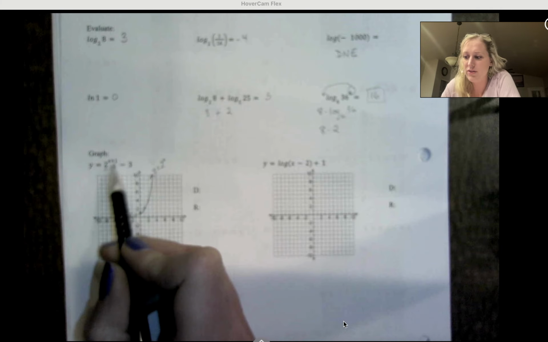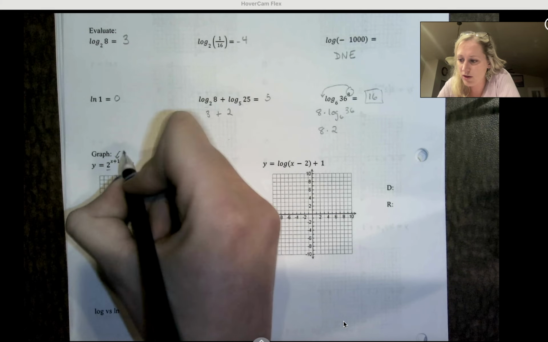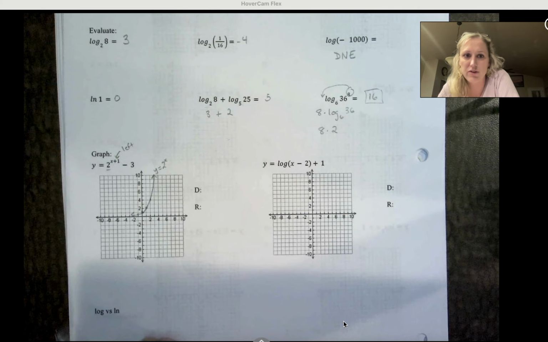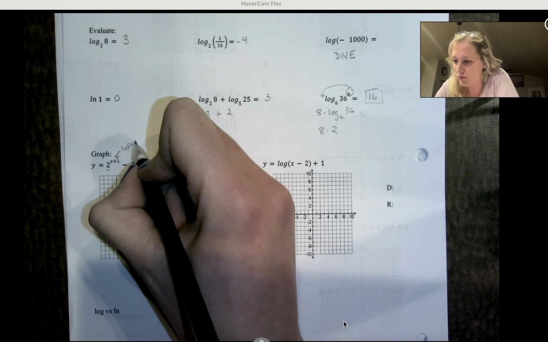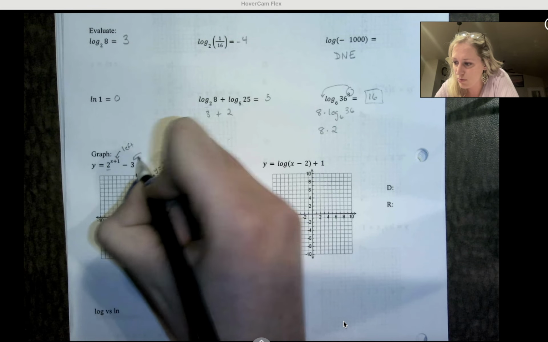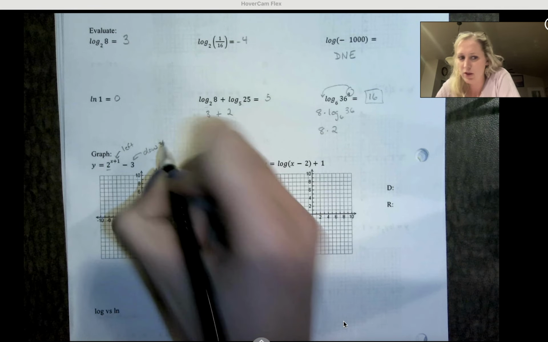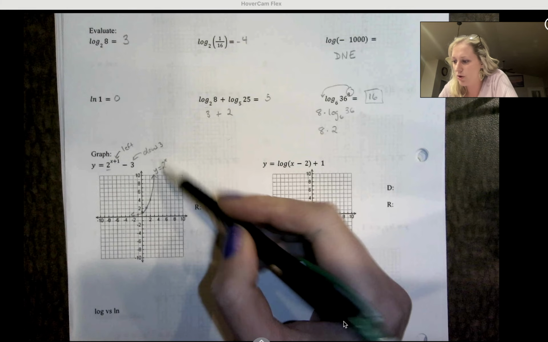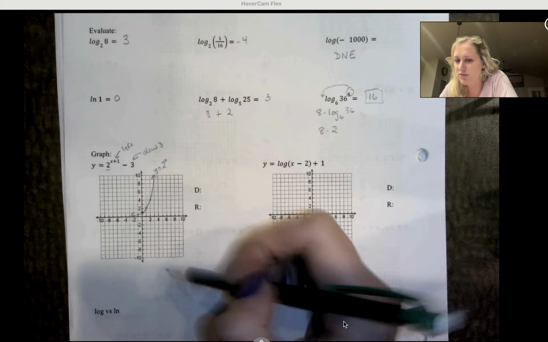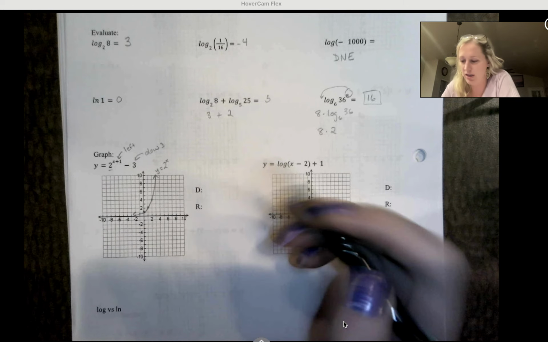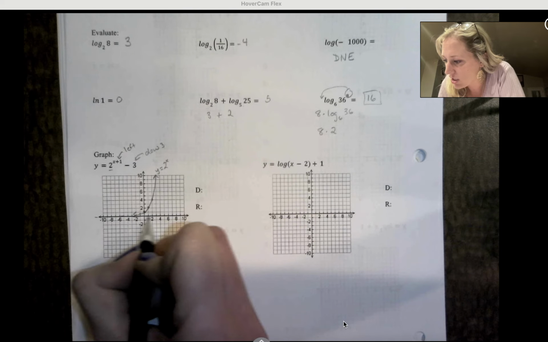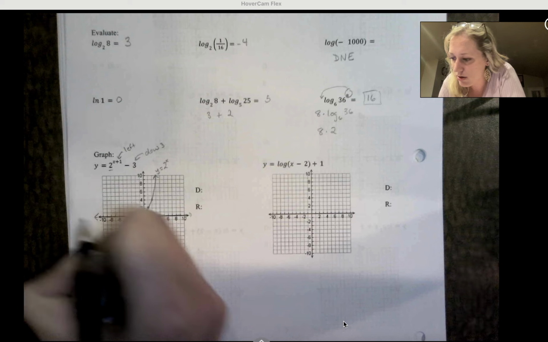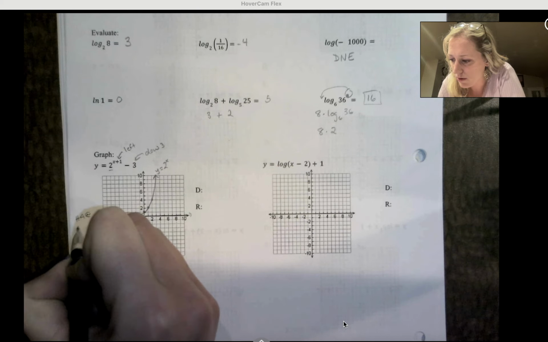So remember, the thing in the exponent is moving left or right, always opposite of what we think. So this one's going to move left 1. This one is going to move down 3. So we're going to take those points that I graphed and move them down 3. Also remember, the parent function has a horizontal asymptote at y equals 0.